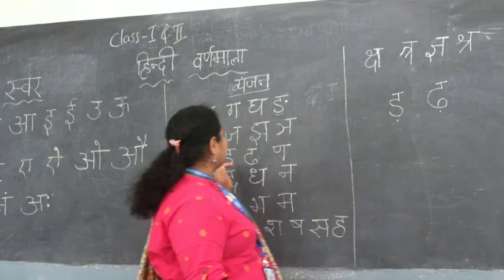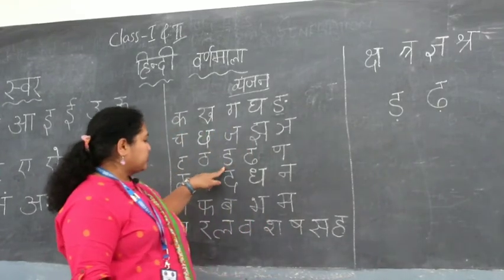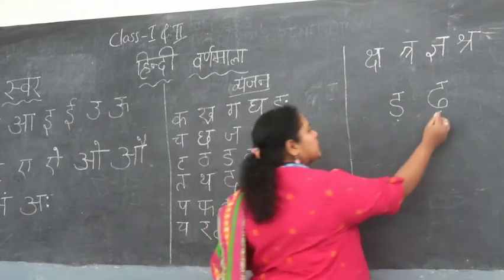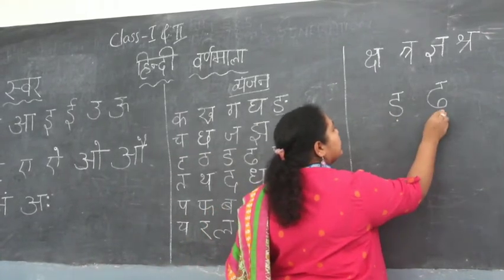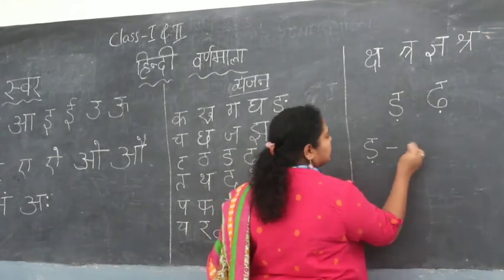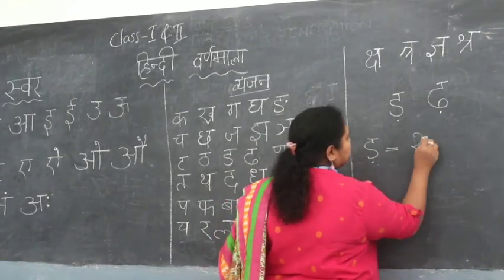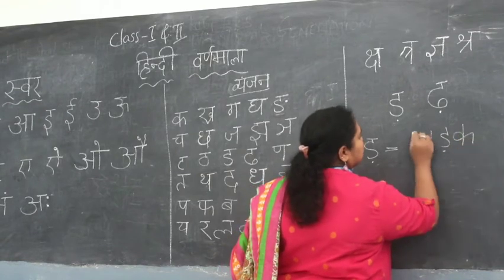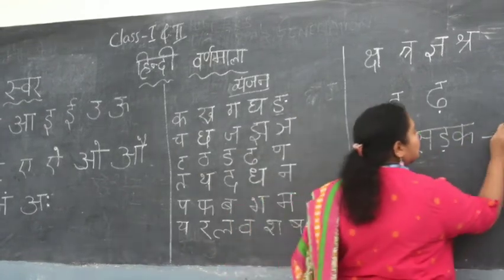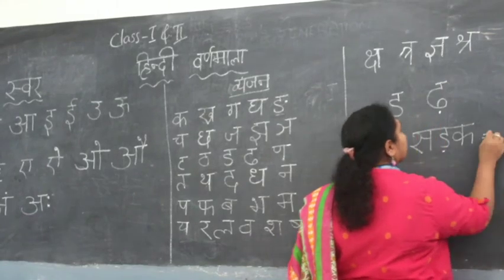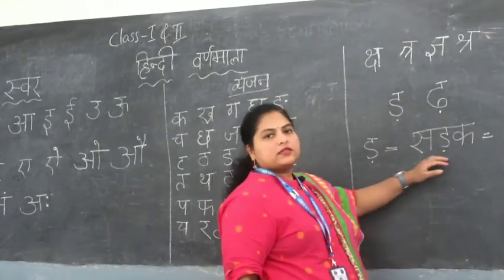So this is da with a dot at the bottom and dha with another dot at the bottom. So da comes in when you say sadak. Sa, da, k. Sadak means road.